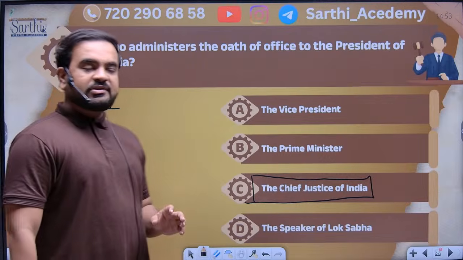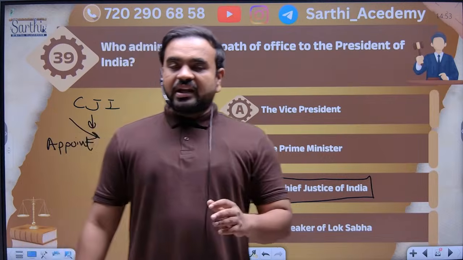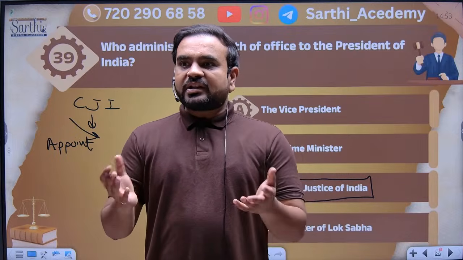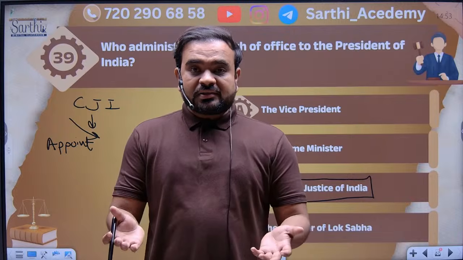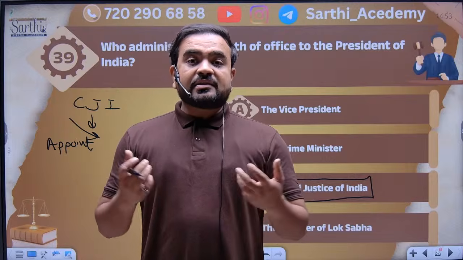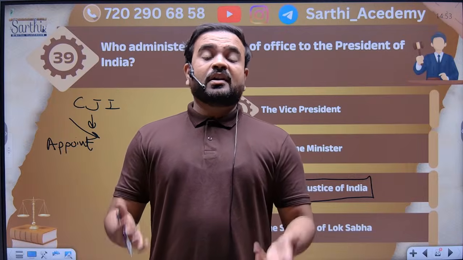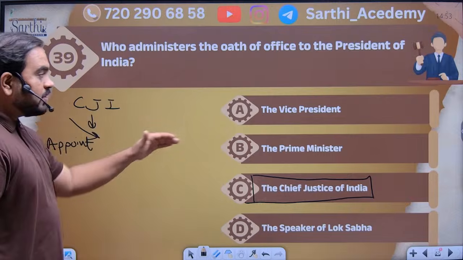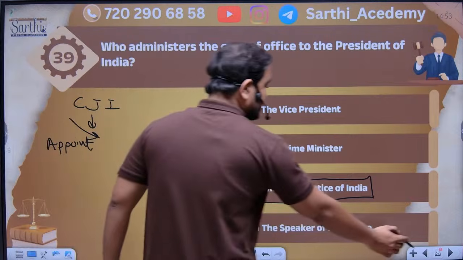So you can give answer like CJI or any person appointed by the CJI. Let's say he is on vacation, or he is ill, admitted to hospital. At that time he can appoint any other person to conduct oath onto the president of India.